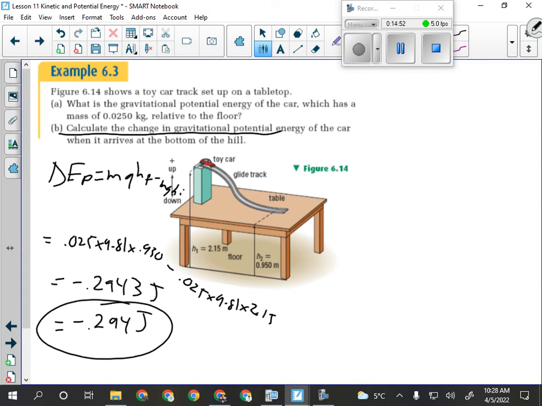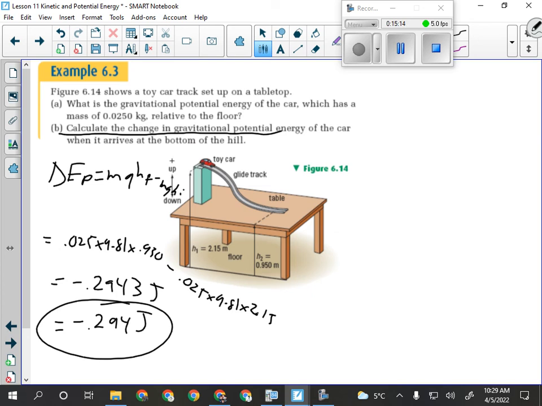Work is a change in what? Mechanical energy. Was there a change in mechanical energy in this situation? No. There was a change in potential energy.